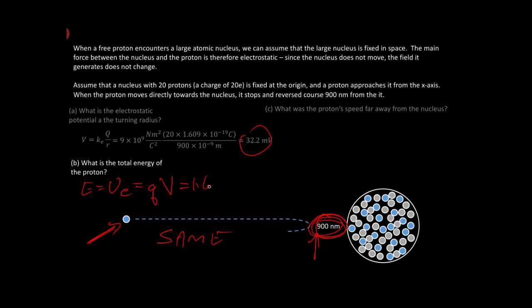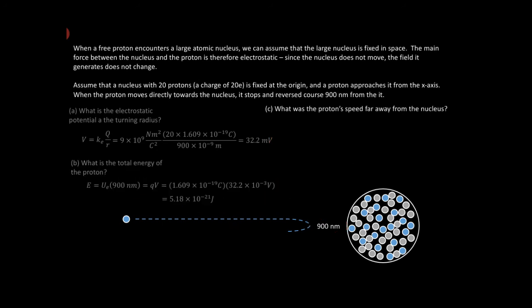So that's 1.609 times 10 to the minus 19 coulombs times 32.2 times 10 to the minus 3 volts. Put it in your calculator and you have 5.18 times 10 to the minus 21 joules. And so that's our total energy.